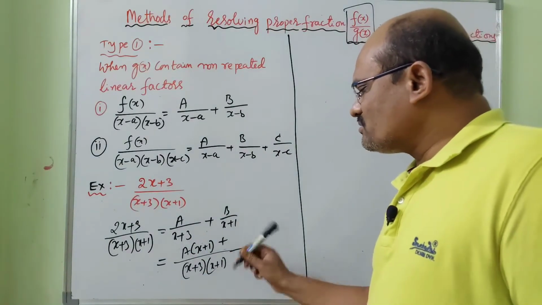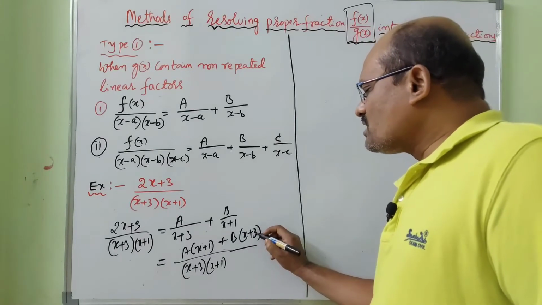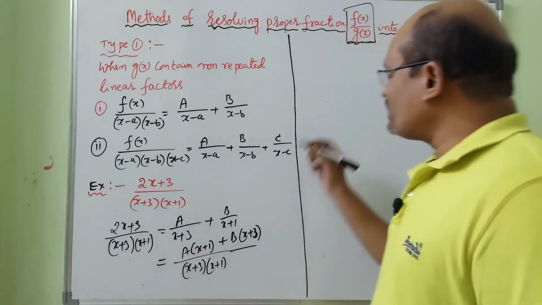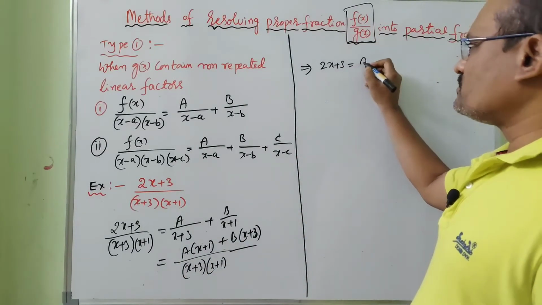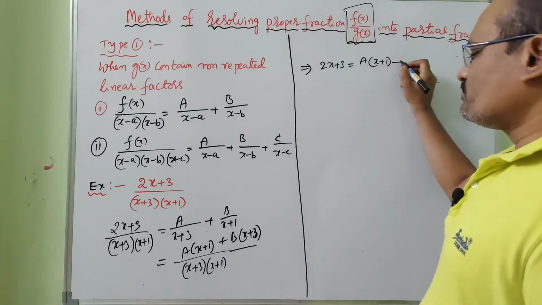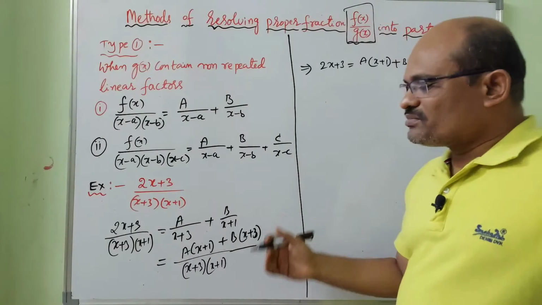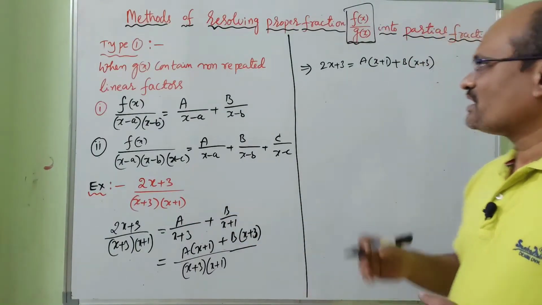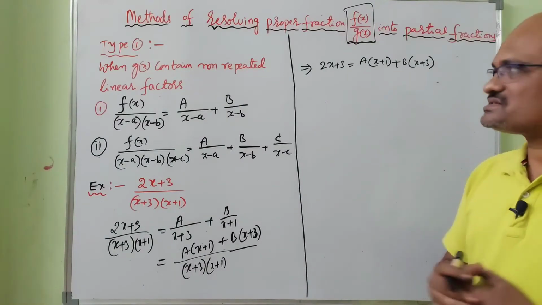X plus 1 cancels, you will get B into x plus 3. Now look on both sides, the denominators are the same. That means the numerators must be equal. 2x plus 3 is equal to A into x plus 1 plus B into x plus 3. What I am doing is equating the numerators because the denominators are the same. From this I will get A and B and I will write the partial fractions.